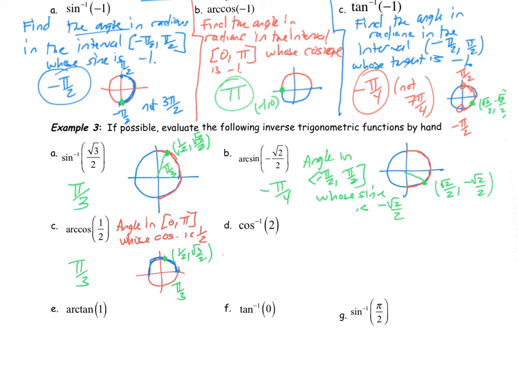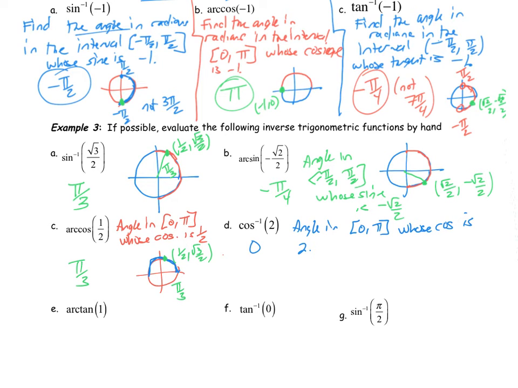Okay, letter D is asking us to find an angle in the interval from 0 to pi inclusive, whose cosine is 2. So thinking about this, is there an angle whose cosine is 2? And this answer is no solution, right?